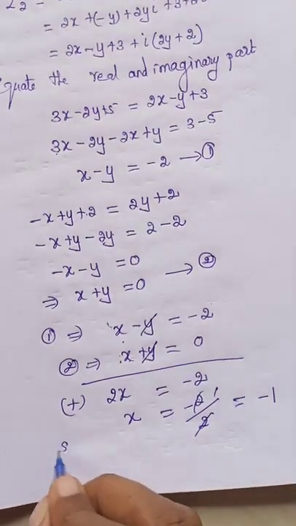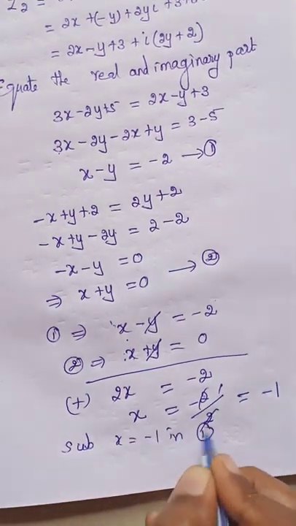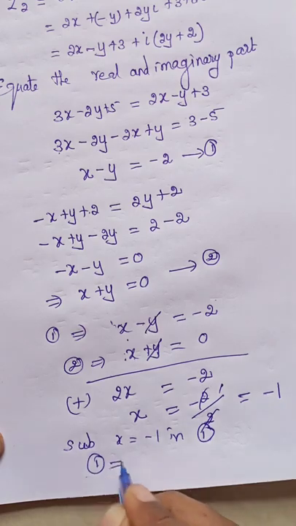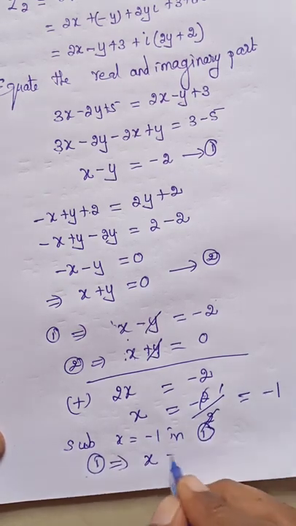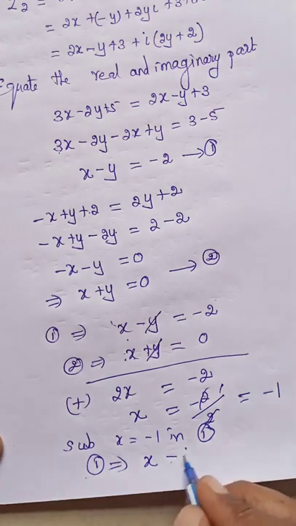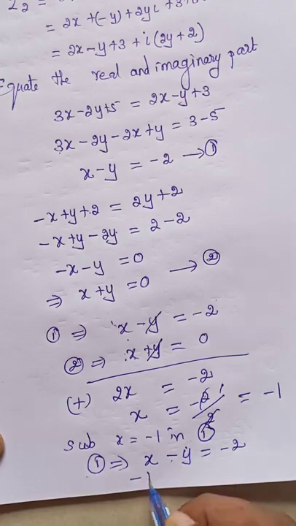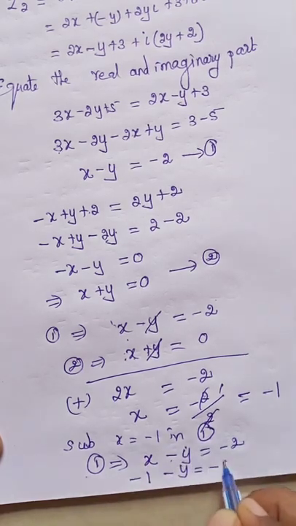Now what we can do? Substitute x equal to minus 1 in equation number 1. Equation 1 implies x minus y, isn't it? x minus y is equal to minus 2. The value of x is minus 1, so minus 1 minus y is equal to minus 2.